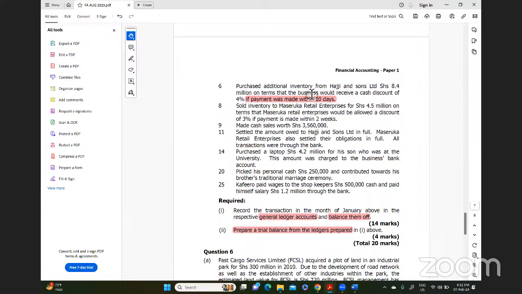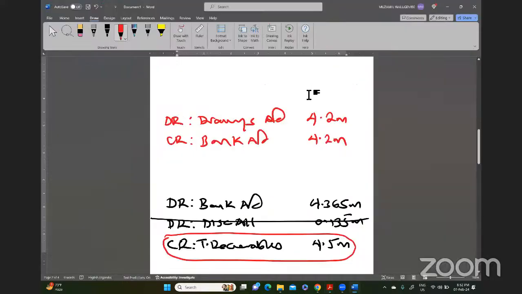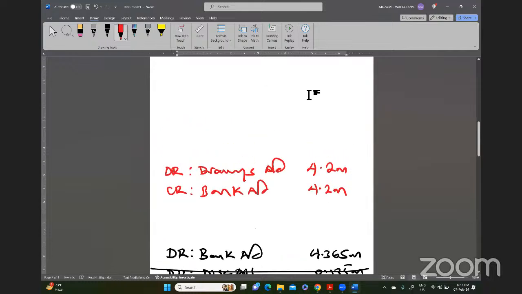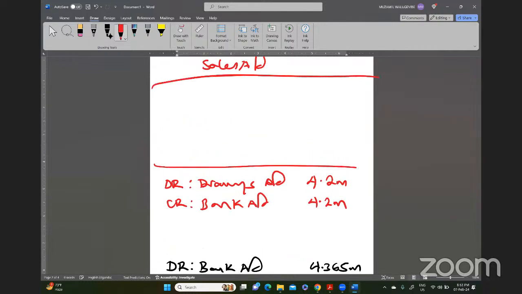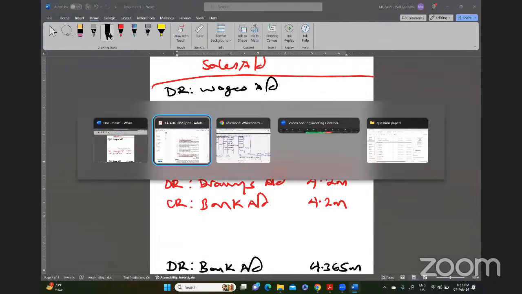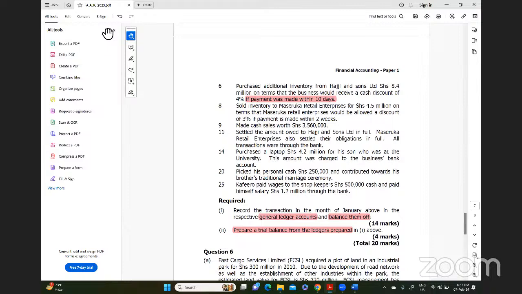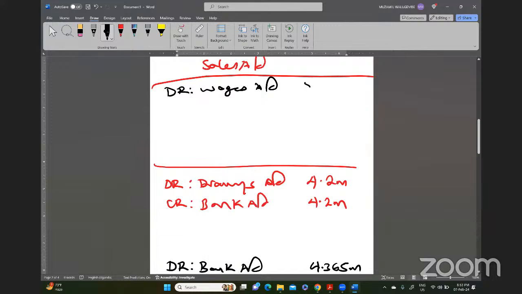Let's split, because that's what the question wishes. We are debiting wages 500, then the salaries account 1.2 million.